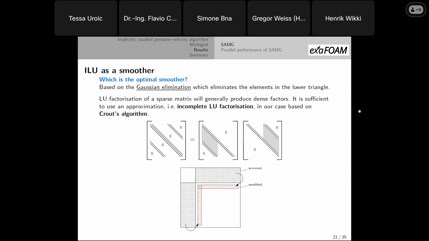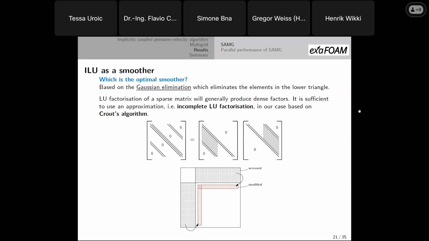Also, smoothers for the block system. Even though Gauss-Seidel and Jacobi, so point fixed methods, are classical smoothers used with AMG, we had to be a bit creative with the coupled system, since Gauss-Seidel and Jacobi did not converge due to diagonal dominance problems. So ILU factorization was implemented as a type of smoother, which is based on Gaussian elimination, however, a bit restricted.